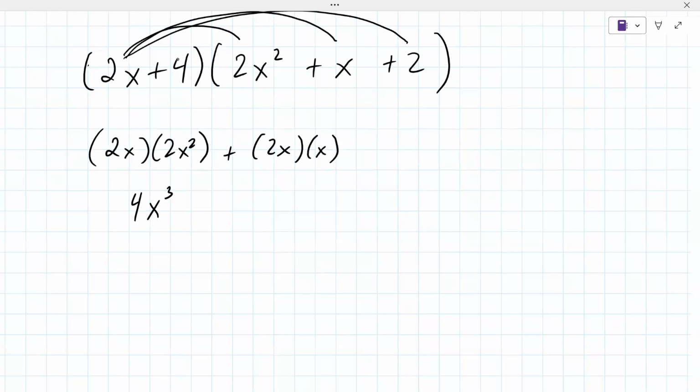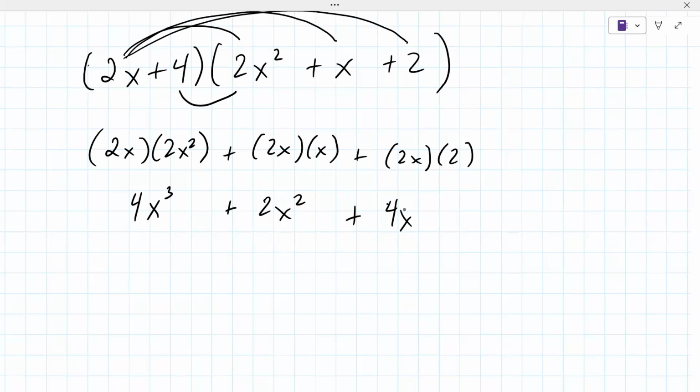What does that become? 2x squared. Okay. And then it's 2x times 2. 4x. Very good.